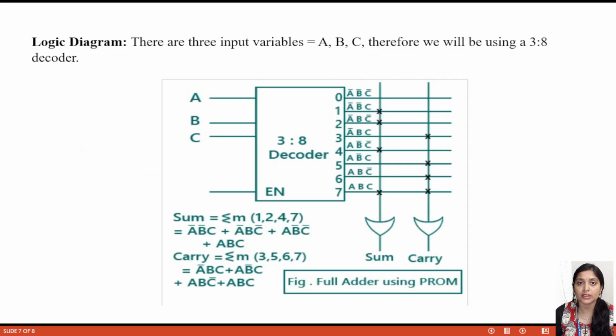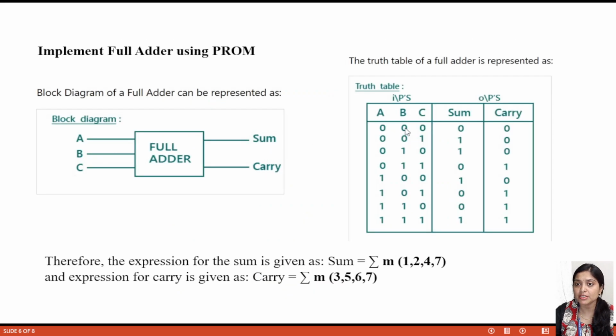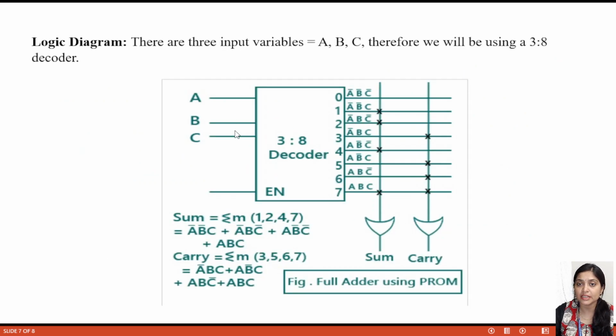Now what is the next step? Next step is we have to draw based on this. As there are 3 inputs, that means 2 to the power 3, that means 8 outputs are there, so 0 to 7. Okay, so here I have already mentioned, 0 0 0 means A bar B bar C bar, then A bar B bar C, and in this way if we continue, then it ends with A, B, C. So these are basically the 3 inputs.